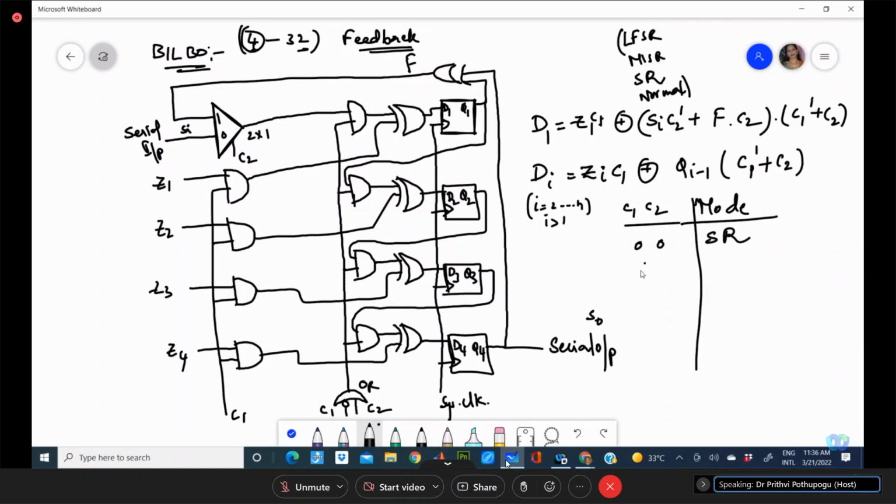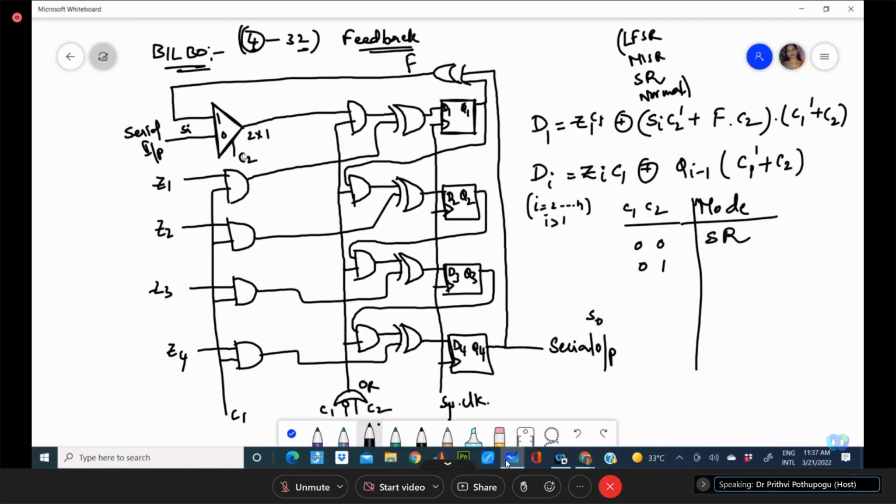Control: C1 is 0, C2 is 1. C1 is 0 means this one will be 1. C2 is 1, so this altogether is 1. That means it is choosing C. C1 is 0 means it is isolating Z. It chooses only the path of the feedback element.